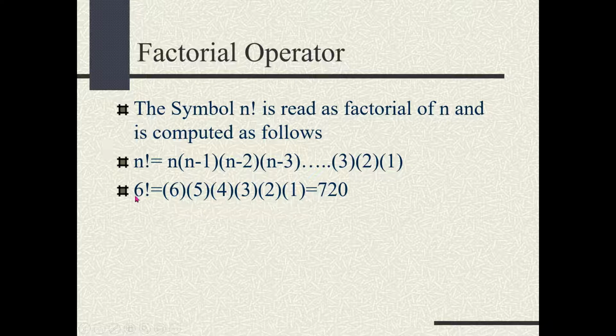For example, if you have to calculate 6 factorial, it is equal to 6 into 5 into 4 into 3 into 2 into 1, which comes out to be 720. So why am I telling you about this factorial operator? Because this will be frequently used not only in this lecture but in other relevant probability problems as well.